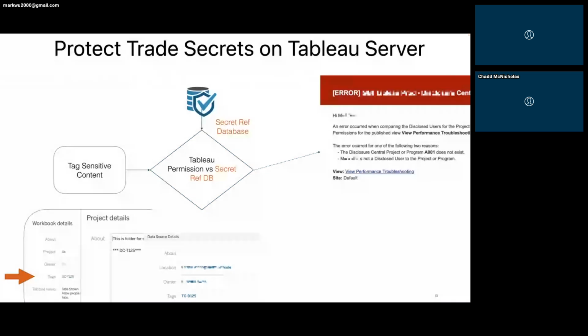So this solution started with tagging sensitive content. Unlike the PII, where I'm able to find out PII, here I cannot find out sensitive data. I have to rely on the content owner to tell me this data set on Tableau server is particularly sensitive. For example, tagging special code, special tagging.